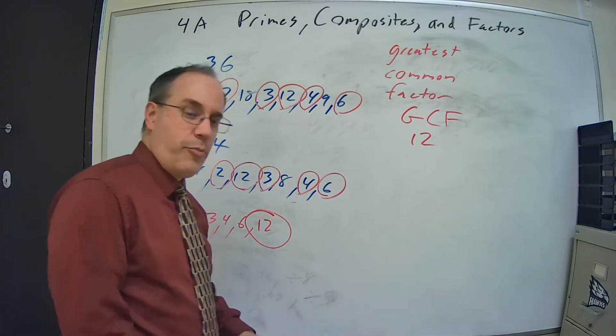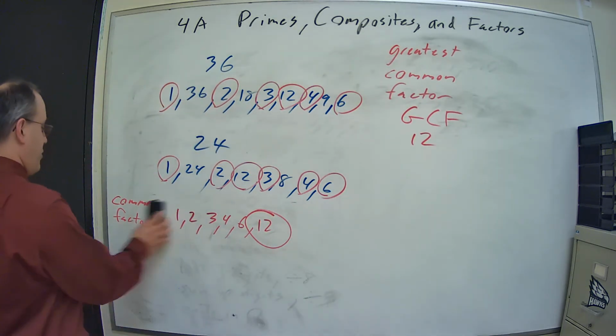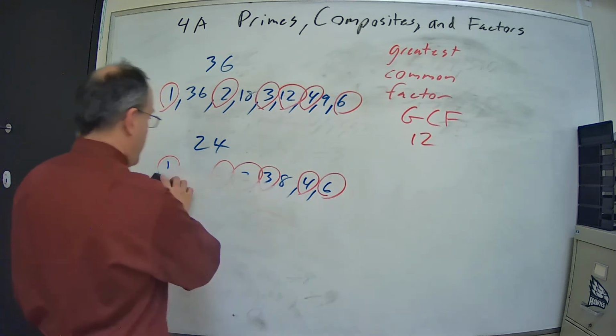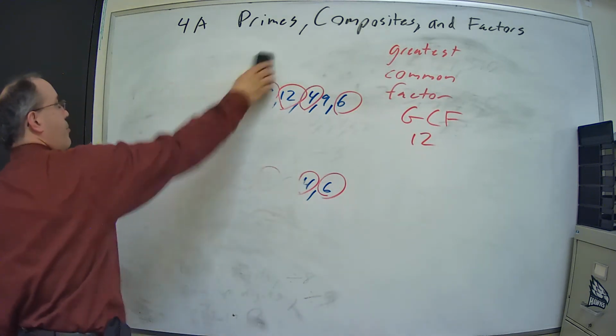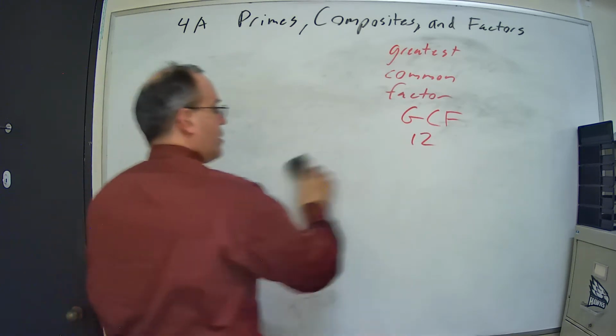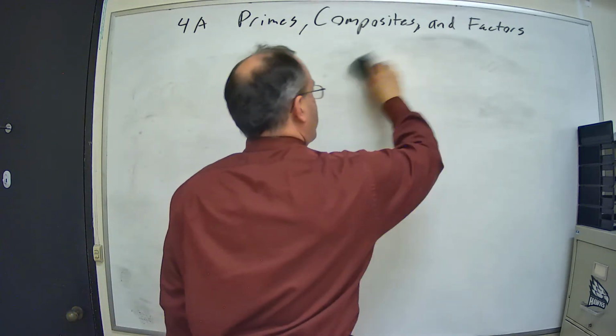Now I want to give you a little bit of a definition. I'm actually going to give you two definitions, and they're written right up at the top of the board here. Primes and composites.